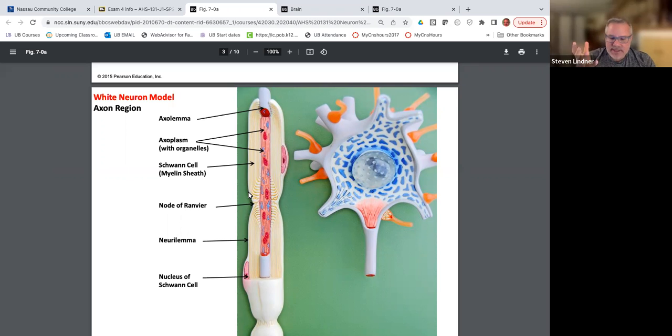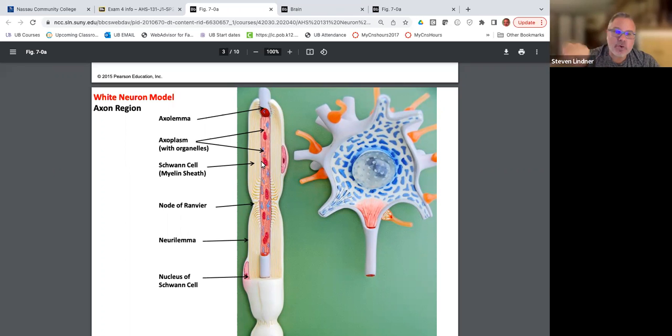And what the Schwann cell does, let's say this is my pen right here, is the axon. This is a Schwann cell that's going to wrap around it, like that. And it's going to create this kind of jelly-like ring and insulation wrapping around and around and around the axon.